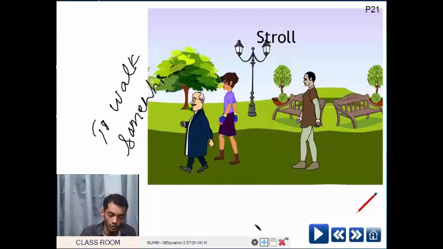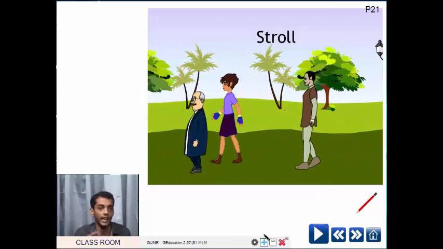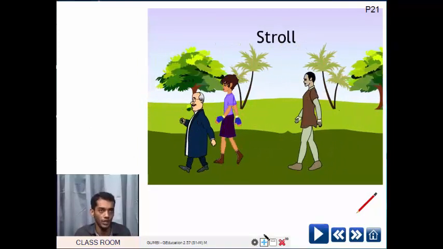They are not walking, they are strolling in the park. Understood?